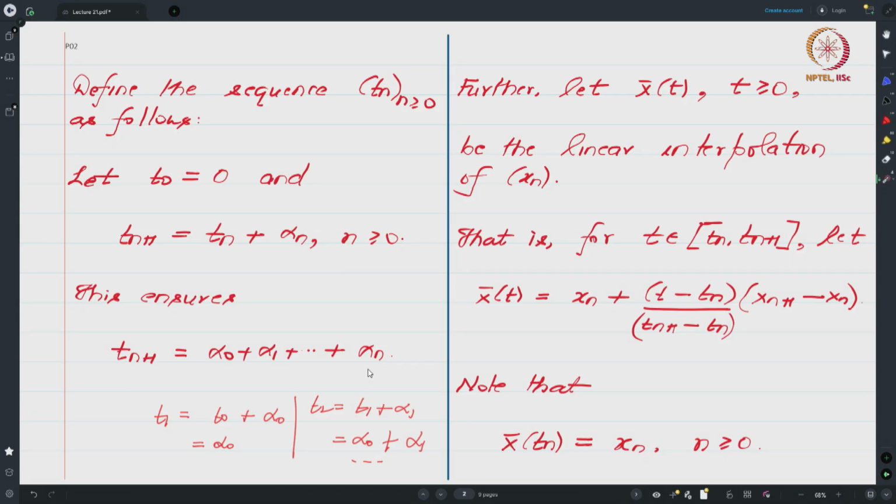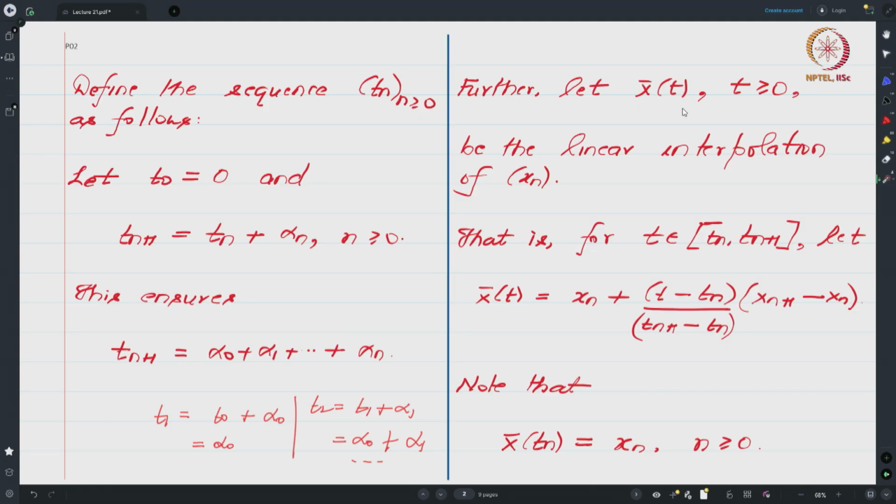Now, what we will do is define a linear interpolation of the iterates that have been generated by your stochastic approximation algorithm. Keep in mind that this sequence is stochastic in nature, and we are going to work with one sequence, that is the sequence generated on one sample point, and let us look at the linear interpolation of that. We will refer to the linear interpolation by x bar.